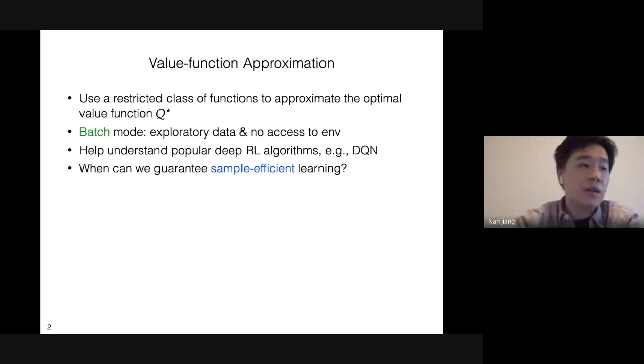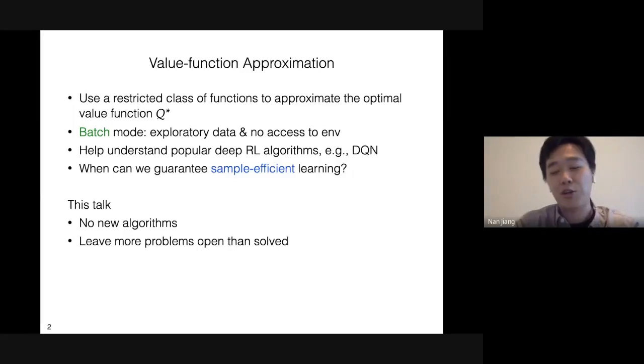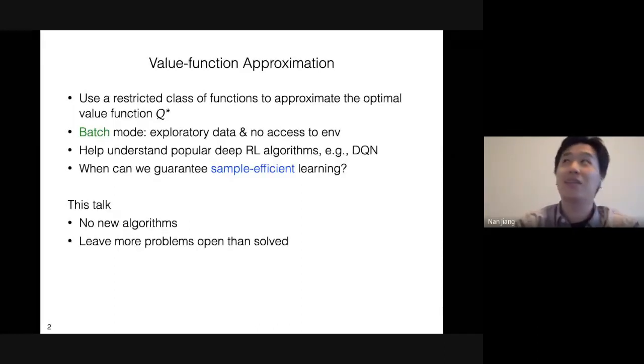Okay, so before we dive into more details, I just want to give a little heads up of what this talk is going to be like, because it's going to be a little bit different from many of the talks you've heard. First of all, I'll introduce no new algorithms, and I'll introduce many open problems. And I can tell you I have only solved a small portion of them.